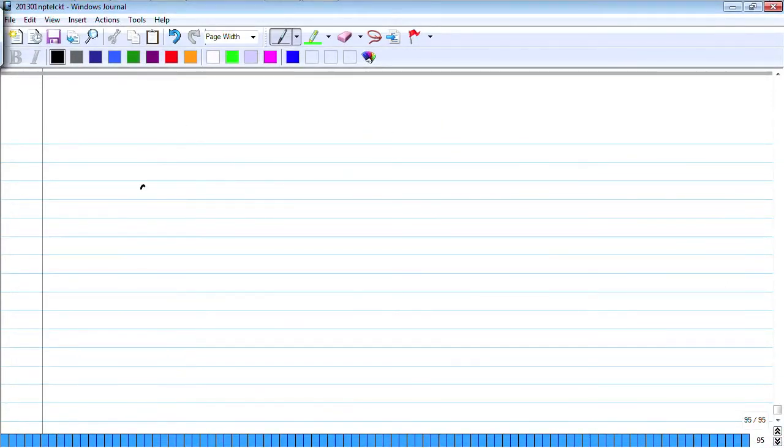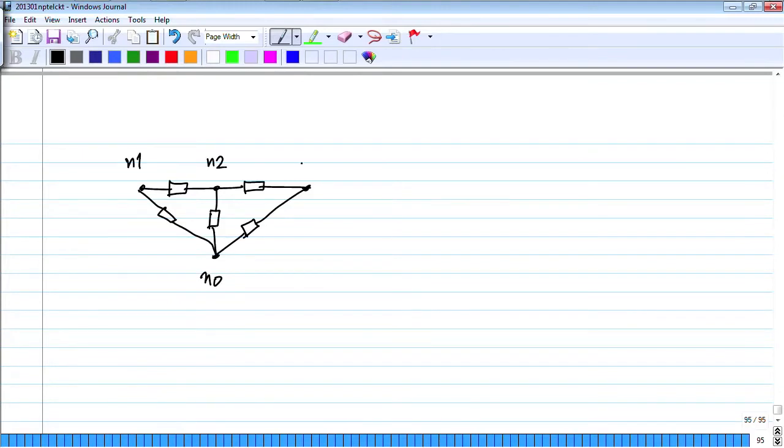let me take a simpler circuit than what I had before. These are some elements, right? While writing KCL, I don't care what elements they are because I'm only summing up the currents. Now let me call the nodes N0, N1, N2, N3, and let me call the currents I10, I12, I23, I20, and I30.